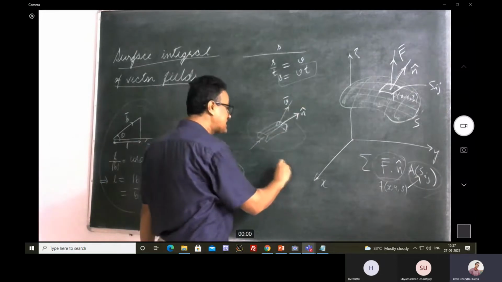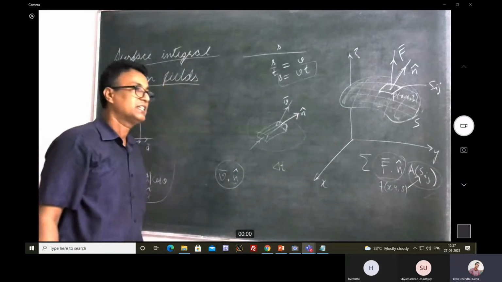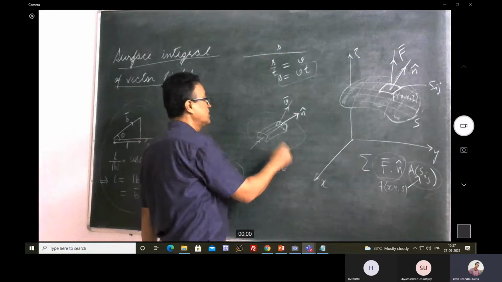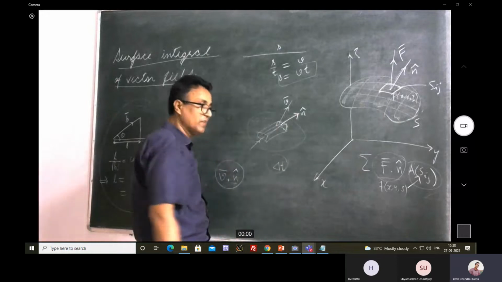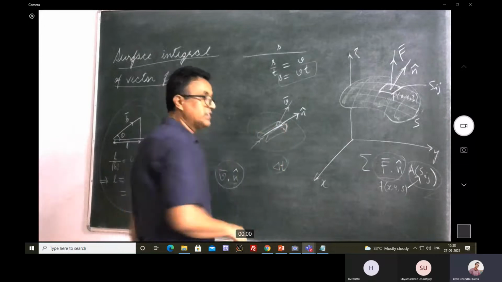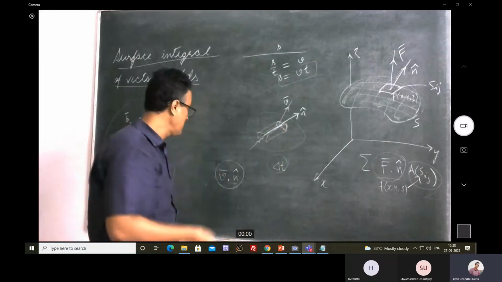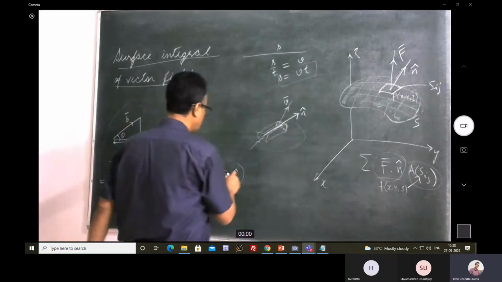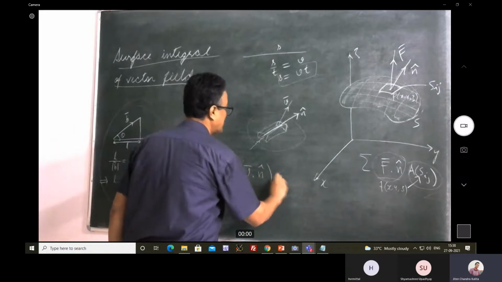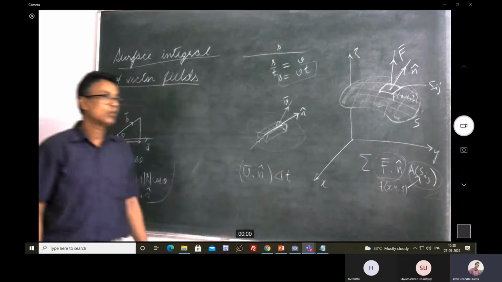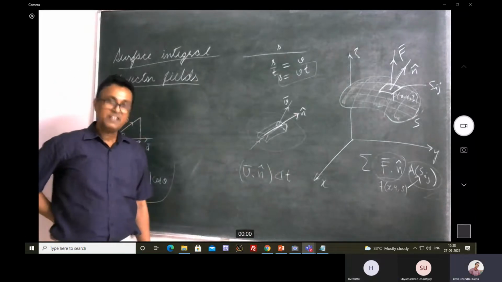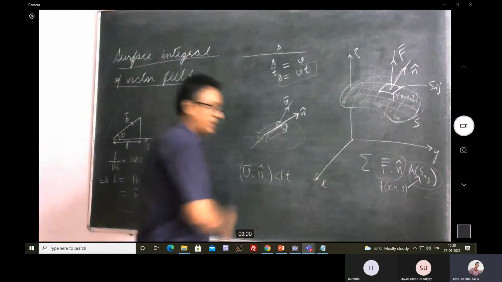If delta t is the time taken by the fluid to cross over this column, then this distance is simply going to be velocity into time, that is, v dot n cap into delta t. Is it okay? Yes, sir. Fine.